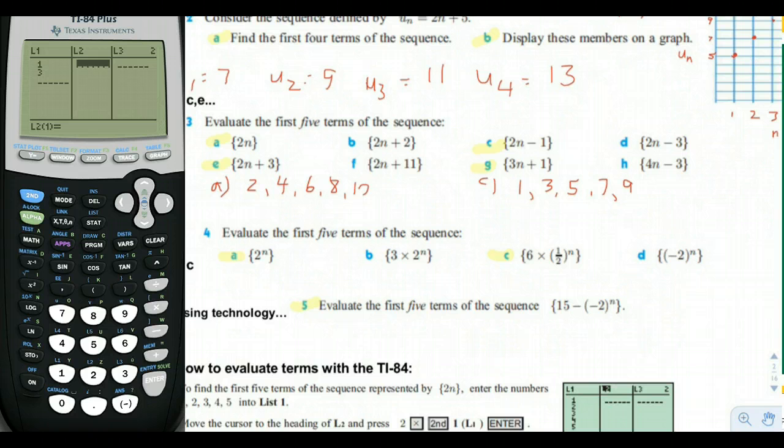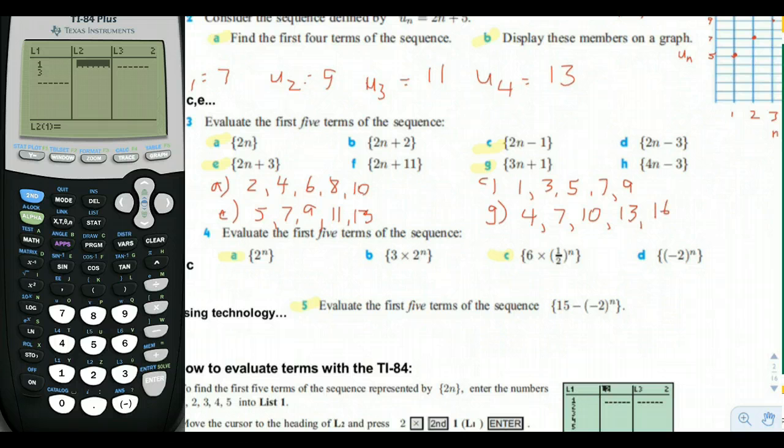And then E would be 5, 7, 9, 11, and this would be 13, right? G would be 3 plus 1 is 4, 6 plus 1 is 7, 9 plus 1 is 10. Now we can kind of see the pattern, right?